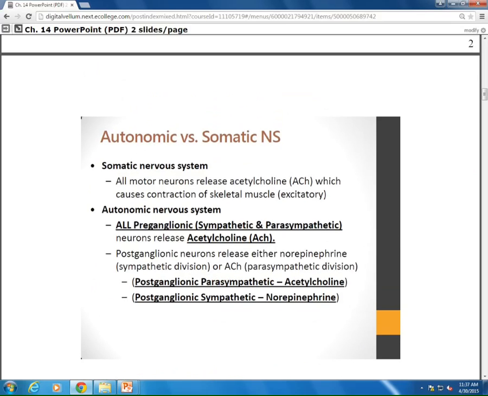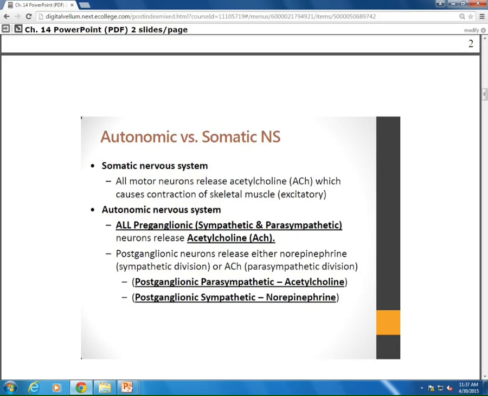Okay, next up, this gives you the idea of the neurotransmitters used. Where is acetylcholine used? All somatics, going to skeletal muscle, but in the parasympathetic world, it's also used at the pre- and postganglionic neurons. So there's two ways to remember this. You can either just know that all preganglionic neurons use acetylcholine, and that for the postganglionics, it switches to norepinephrine for the sympathetics.